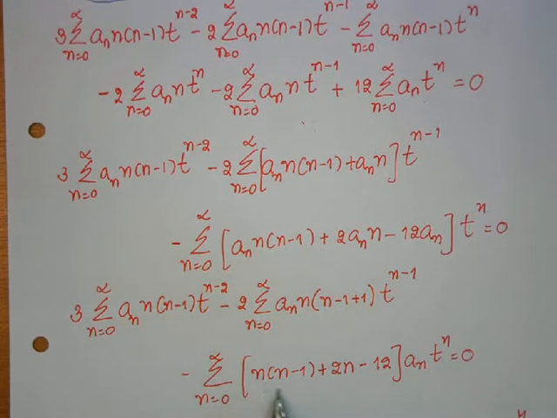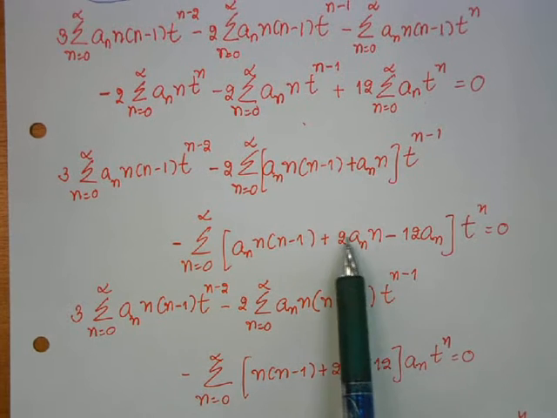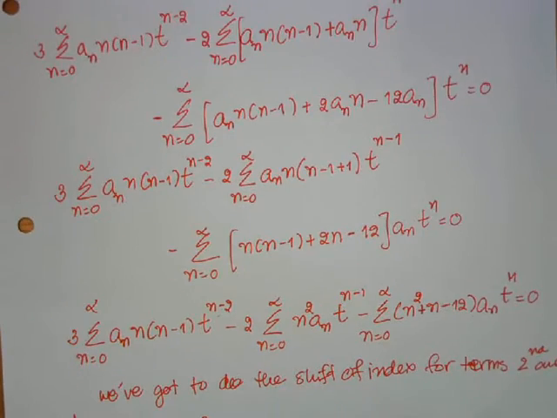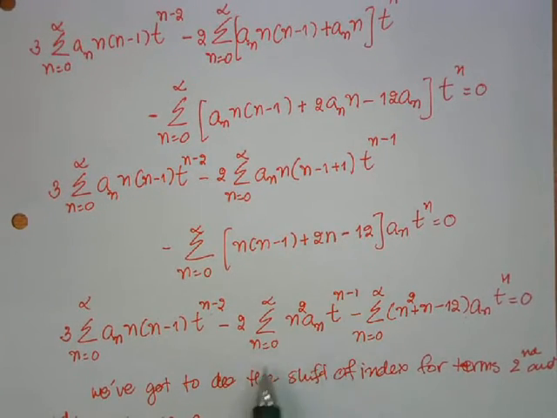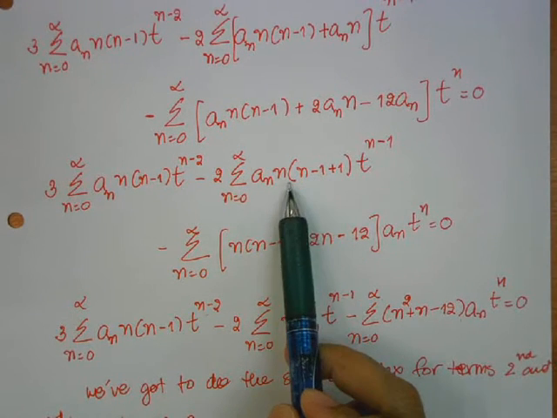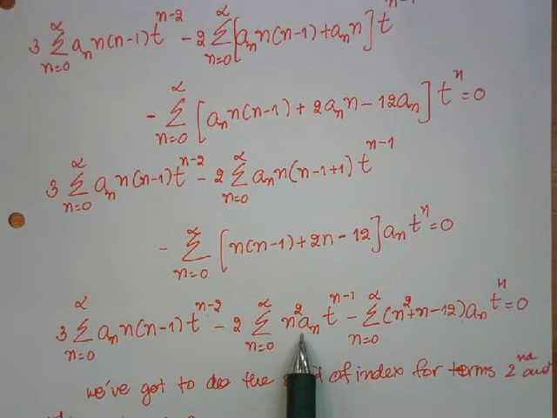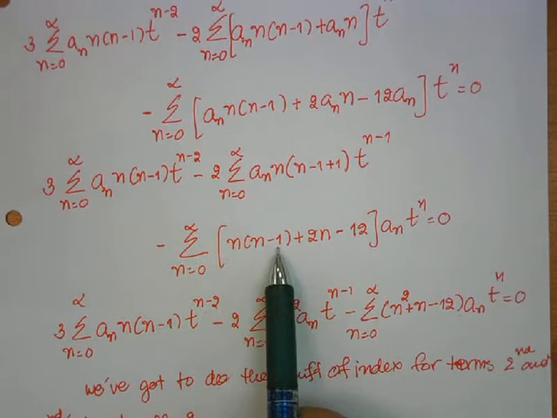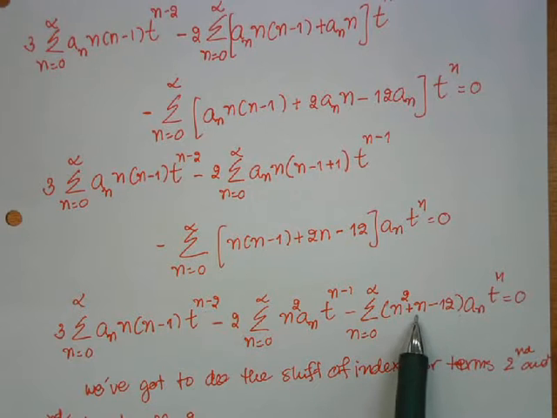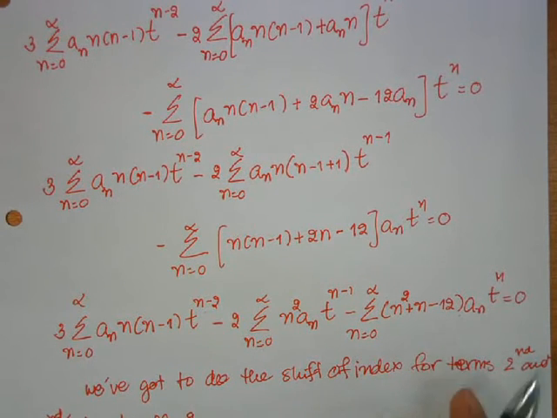The first term you get n times n minus 1. The second term you get plus 2n, and the third term you get minus 12. Very close. Then this one, n times n is n squared, so you get n squared there. And this term you get n squared minus n plus 2n minus 12, which is equal to n squared plus n minus 12. You just make it as simple as you can.